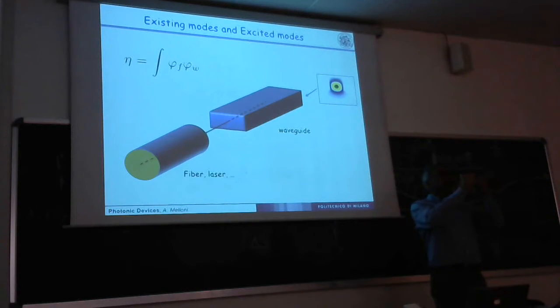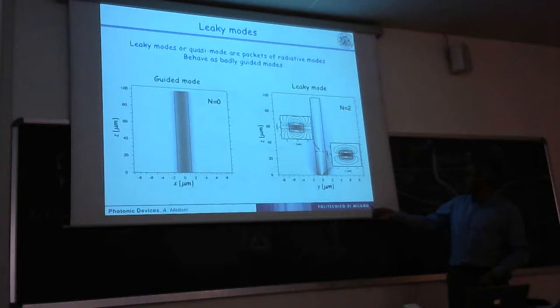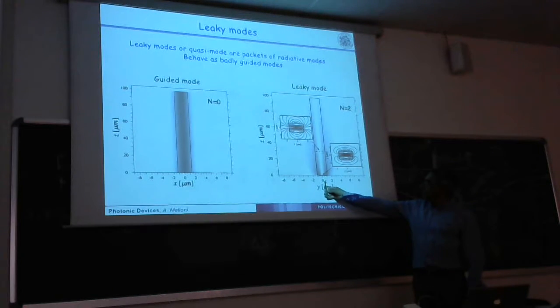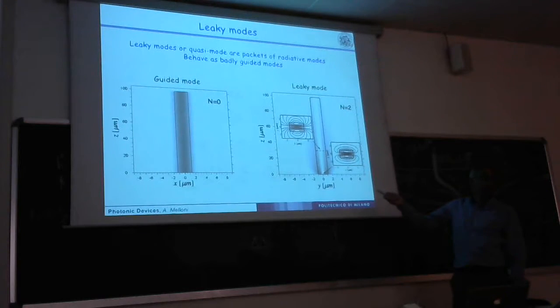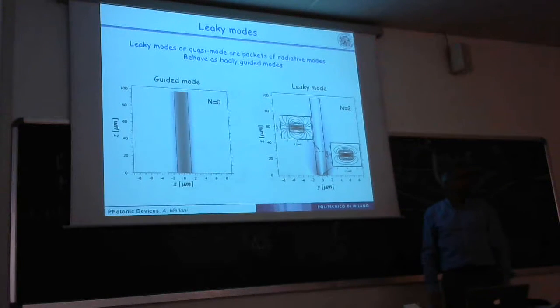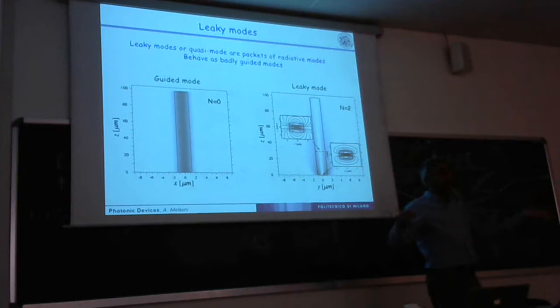But if you have some misalignment, because you are putting together two objects, so in real life there is a misalignment, you can excite the higher order mode. So if the higher order mode is leaky, the mode is lost. Assume you put a fiber here, but you do not perfectly align, you do some slight misalignment. You excite immediately this mode, and this mode is lost. This is light that goes around the chip and does not couple to the fundamental.